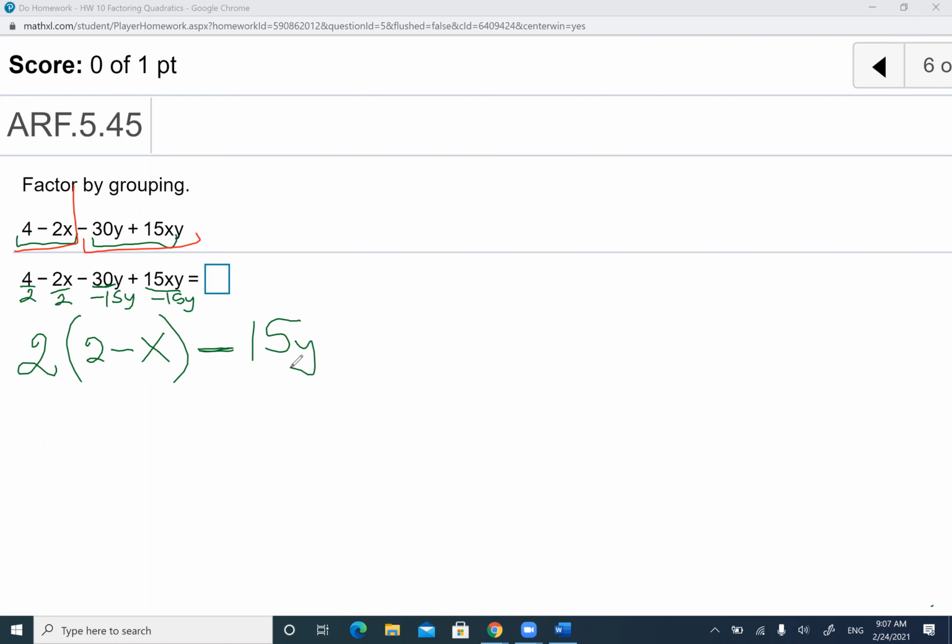Then 30 divided by 15 is 2. Y and y cancel, right? And negative over negative, it's positive 2. Then here, 15xy divided by negative 15xy. 15 and 15 cancel. Y and y cancel. So I have negative x left.